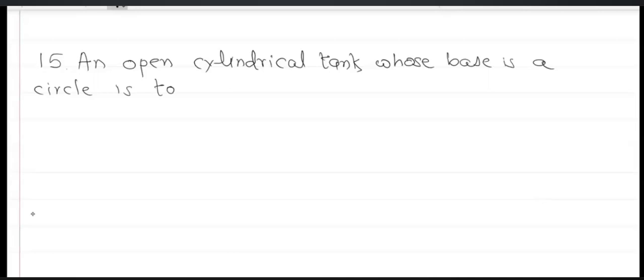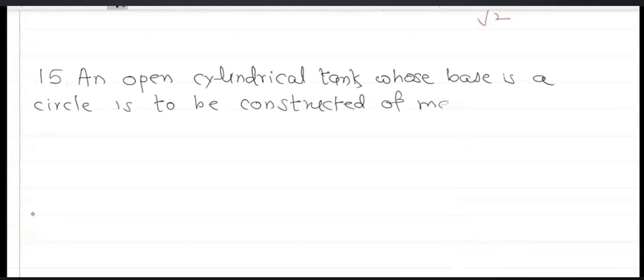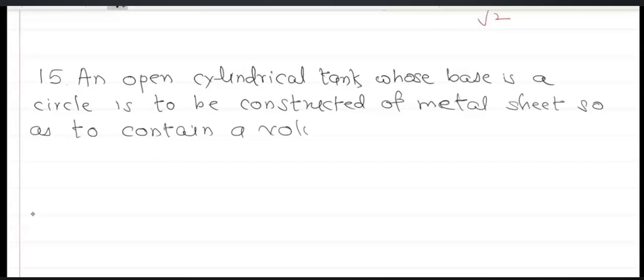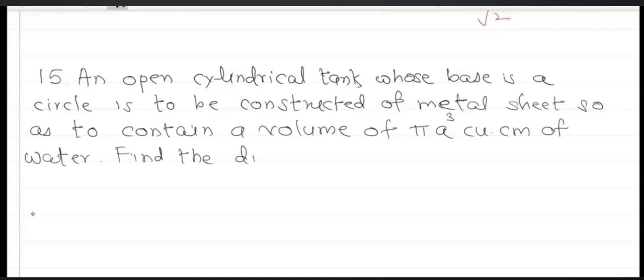An open cylindrical tank whose base is a circle is to be constructed of metal sheet so as to contain a volume of pi a cube cubic centimeter of water.